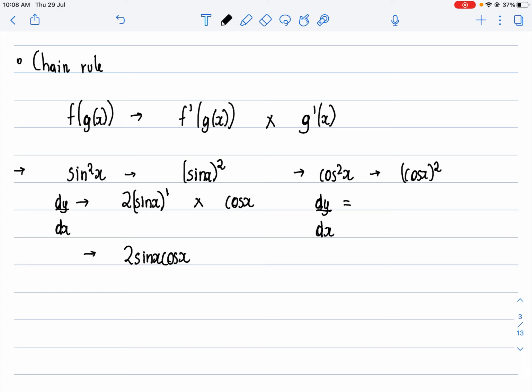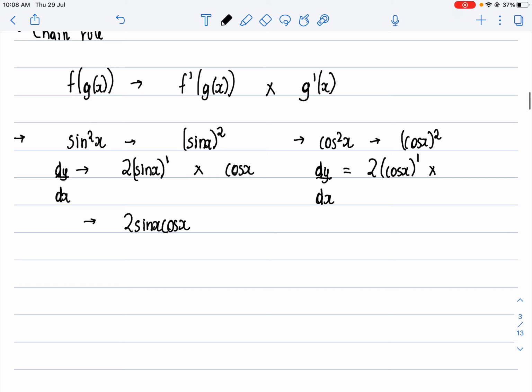I treat cos x like a variable. So I write this as 2 cos x, raised to 2 minus 1, which is 1, multiplied by the differentiation of cos x, which is minus sin x. So I can simply write this as minus 2 cos x sin x. Correct? This is what I basically get.